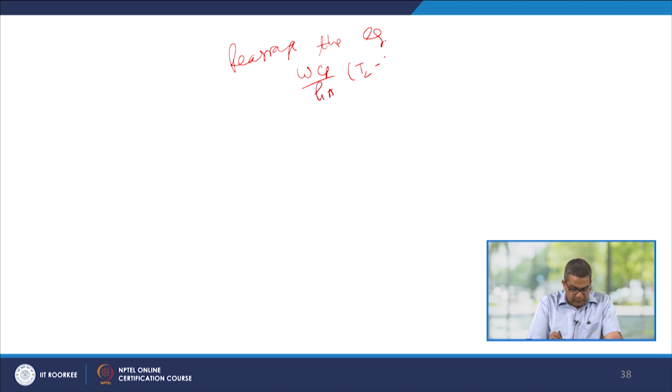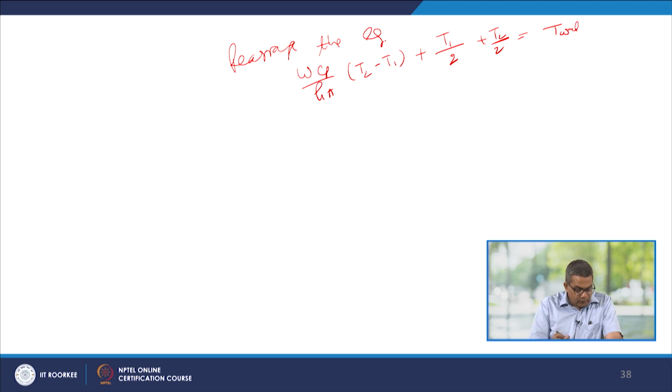So, if we rearrange the equation, we get W Cp over hA into (T2 minus T1) plus T1 over 2 plus T2 over 2 is equal to T wall.